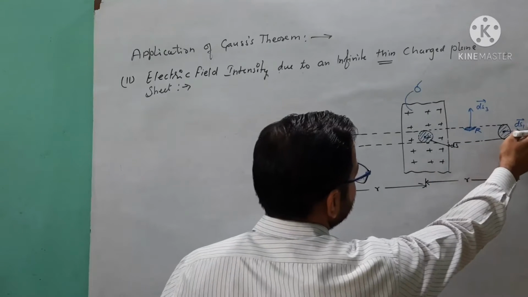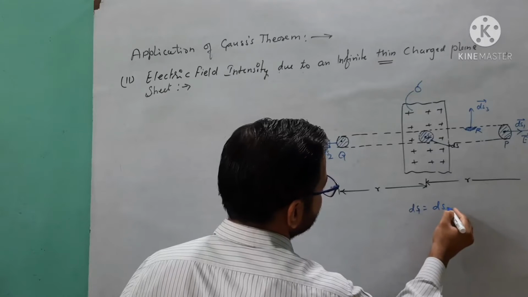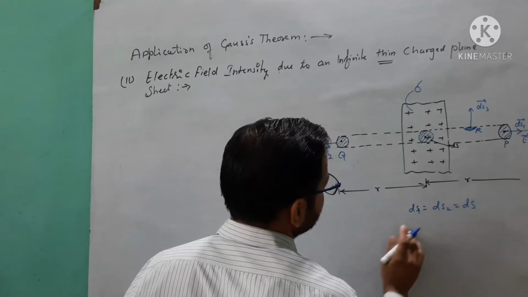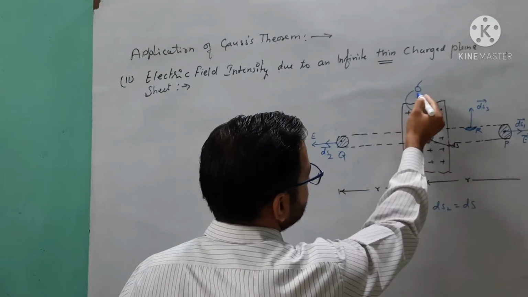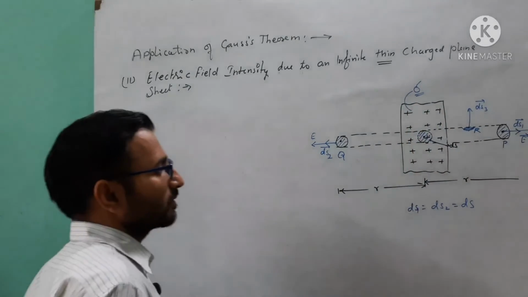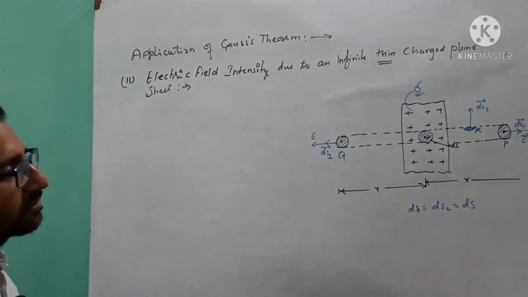I showed ds1 and ds2 only for notation, and both equal ds. Got it? For it also the surface charge density is sigma. So students, let us start the calculation.